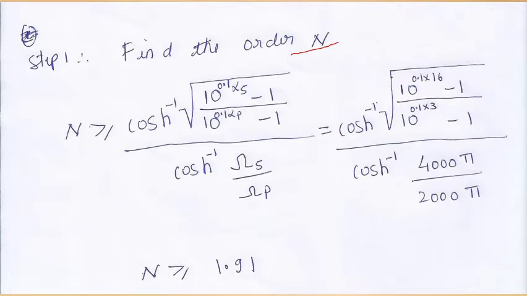The formula to compute the order for a Chebyshev filter is as displayed on the screen: cosh inverse of the square root of (10 raised to 0.1 multiplied by alpha s, the whole term minus 1) divided by (10 raised to 0.1 multiplied by alpha p, this term minus 1), divided by cosh inverse of omega s divided by omega p.